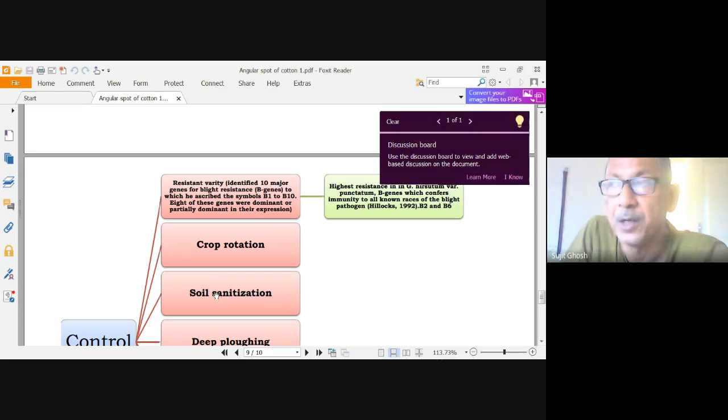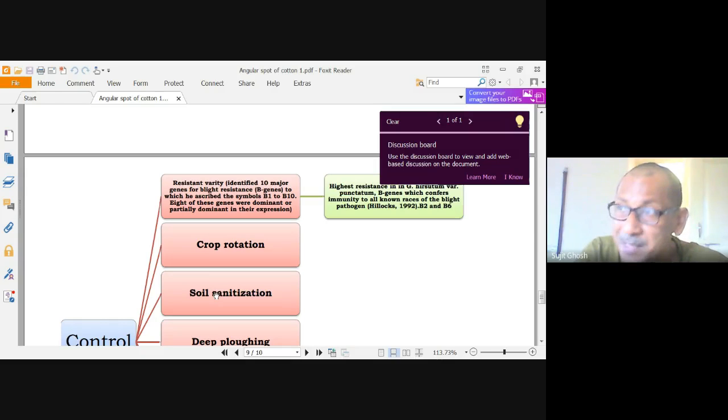The degree is observed mostly highest in Gossypium hirsutum variety punctatum, where B2 and B6 genes are expressed. Out of the 10 genes, which include B1, B2, B3, B4, B5, B6, B7, B8, B9 and B10, the capability of B1 gene is comparatively less than B2, and B2 is one of the major genes responsible for causing immunity.